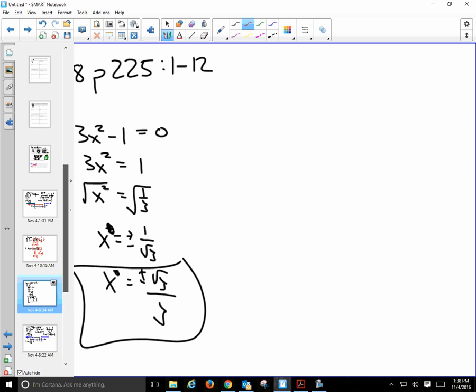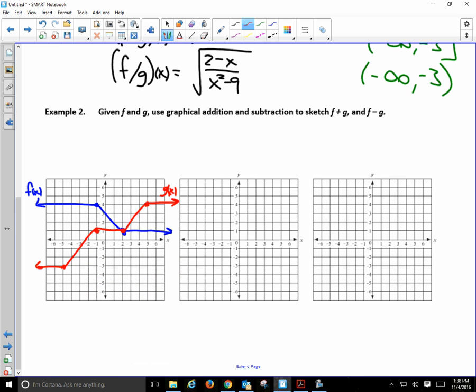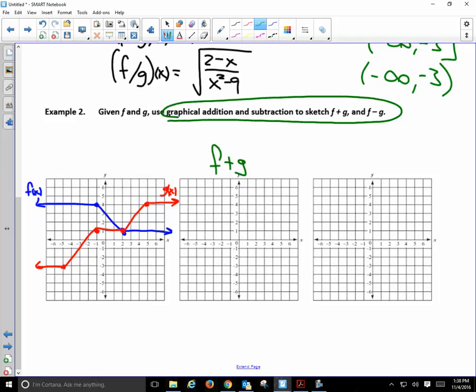Let's do some graphical work. I was able to write it in blue and in red. You are not, so it might be just slightly more challenging for you. But what I'd like to do is some graphical addition and subtraction. It says, given the two functions, use graphical addition to sketch f plus g and f minus g.